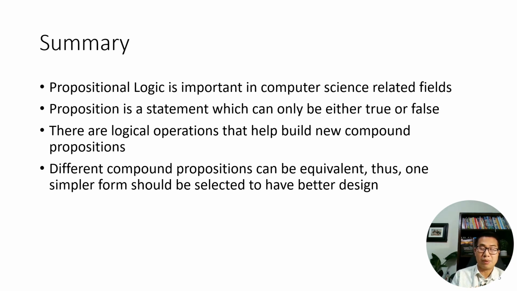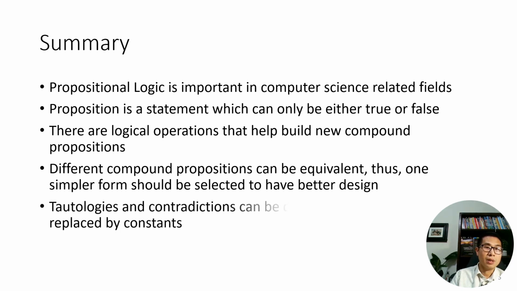Then we should use the simpler form to design a simpler circuit to be more efficient. Then we also learned tautologies and contradictions. If we have a circuit that is too complicated, but it always produces true or false, then we don't have to build the circuit anymore. Simply replace it with true or false values.